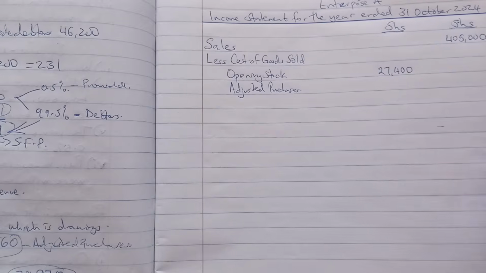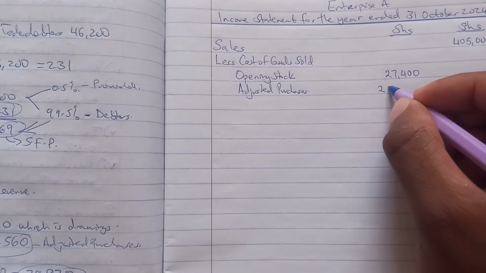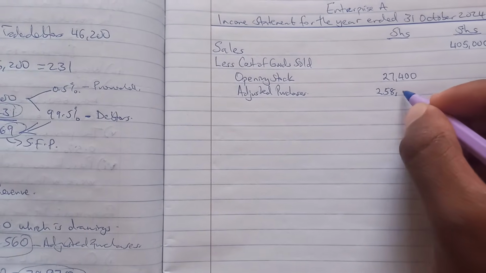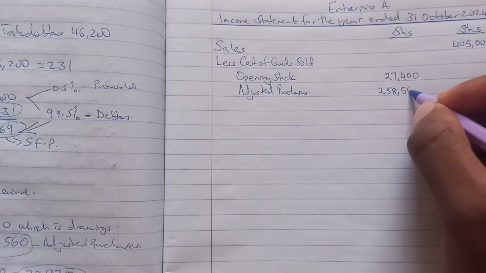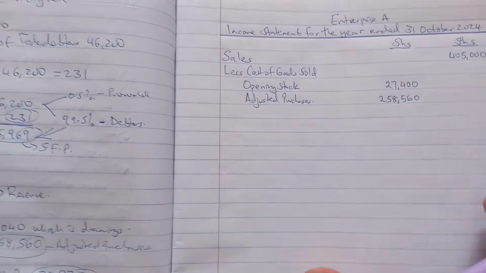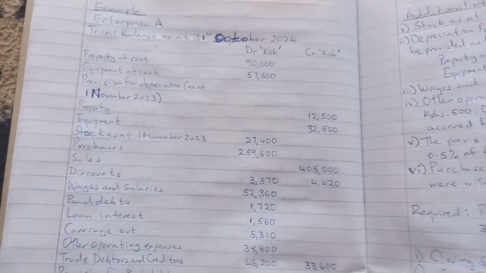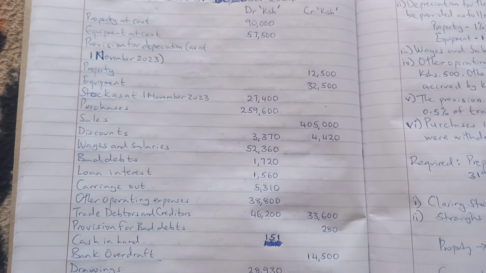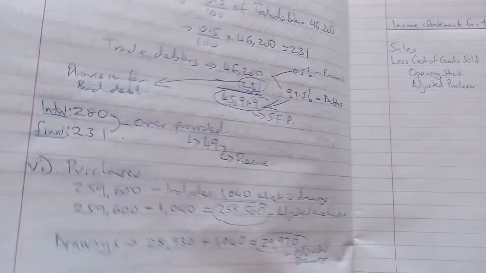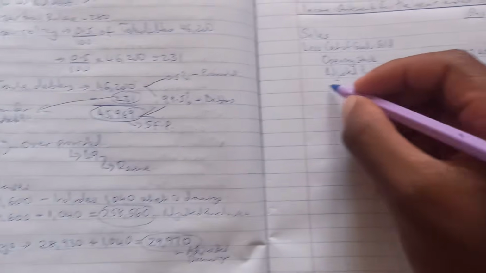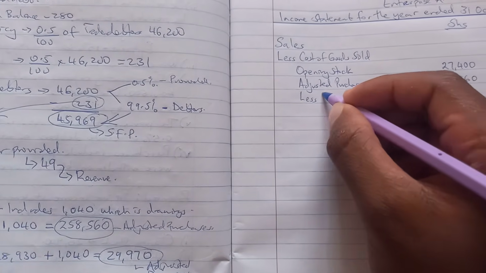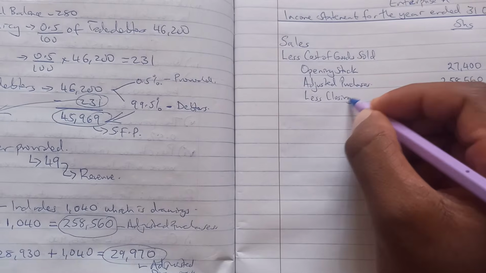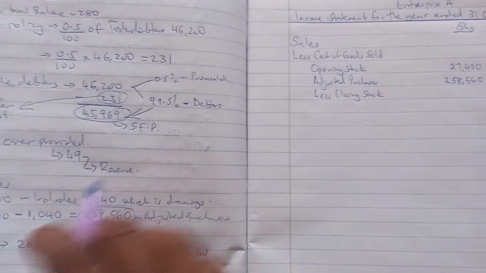So we add. It is 258,560. Do we have carriage inwards? No, we don't. So we ignore it. So we less closing stock.